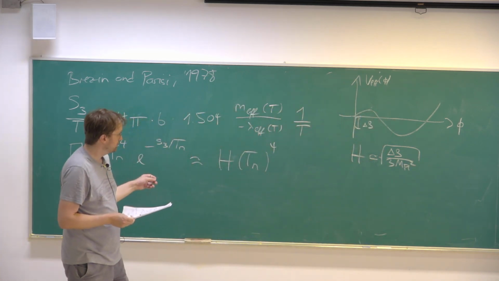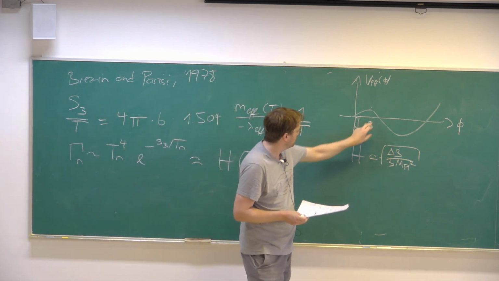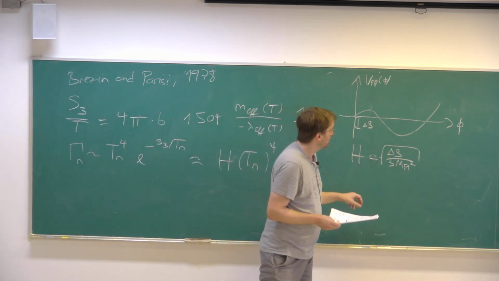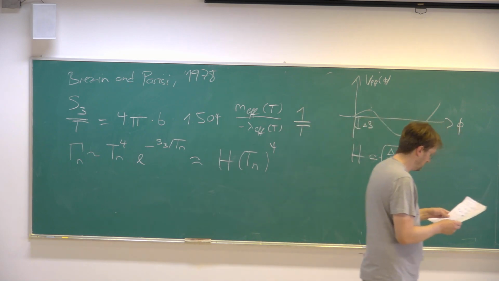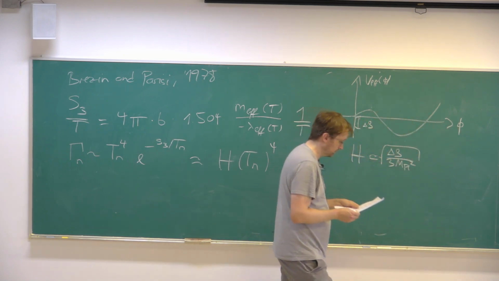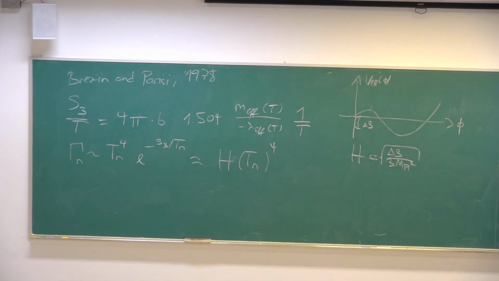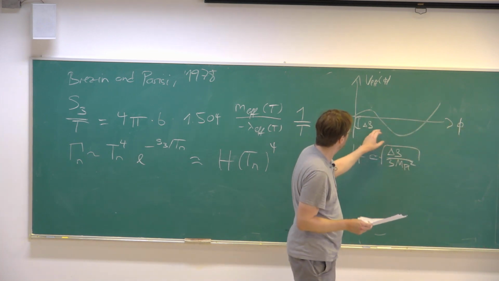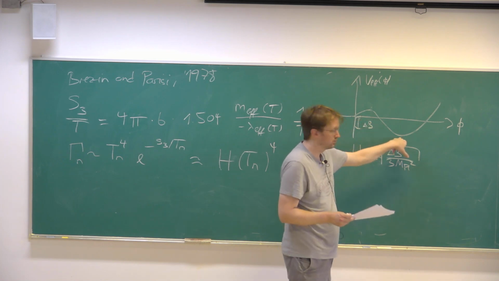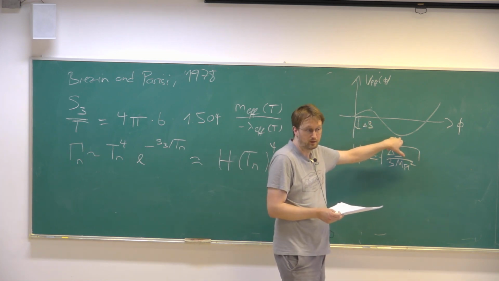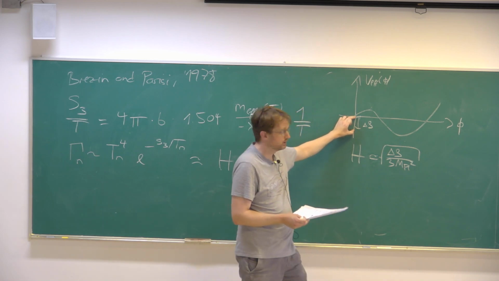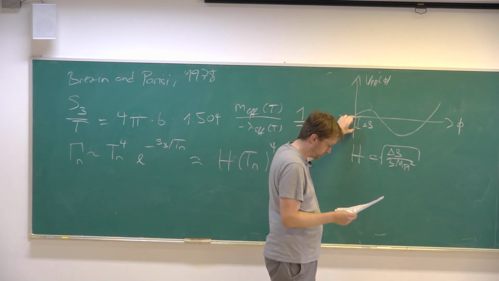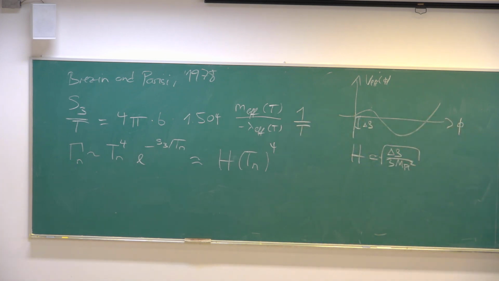Okay, so what we have to determine is this quantity to determine the Hubble rate, and for this quantity we just have to minimize the potential. We take the zero temperature potential, roughly at least, and determine the energy density at the minimum. And then this tells us this quantity, right? To speed things up, I will just give you the result, but it's a very simple calculation.